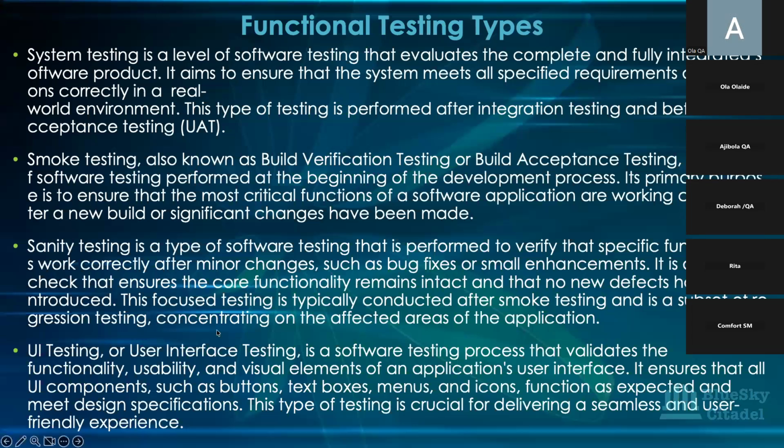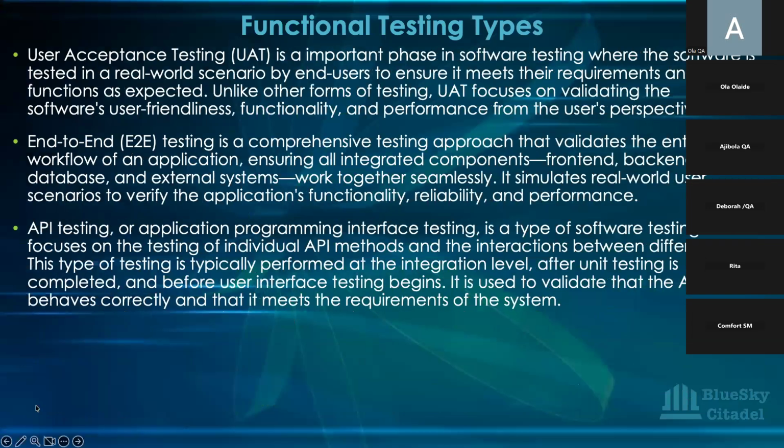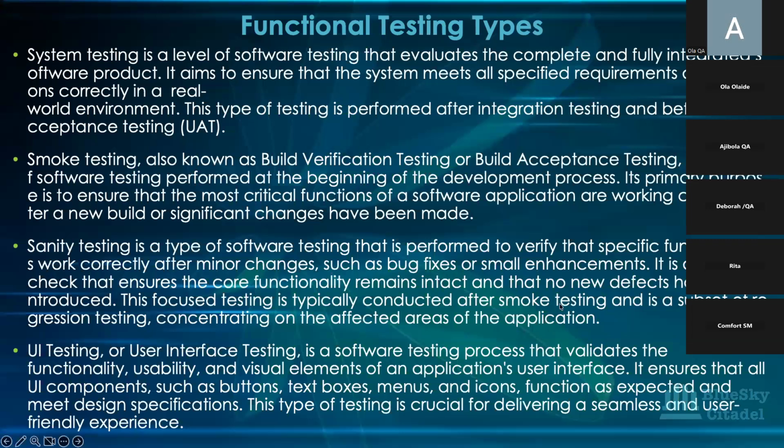And it is a subset of regression testing. People classify smoke testing and sanity testing as regression testing because at the end of the day, it's similar to retesting. You are just testing after some changes have been made. But this focuses on minor changes, and you're also testing what was changed. It is concentrating on the affected areas of the application.